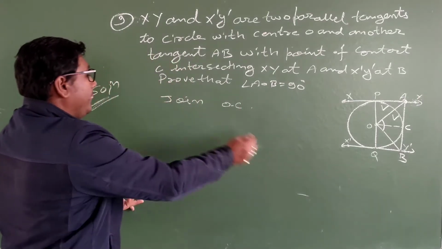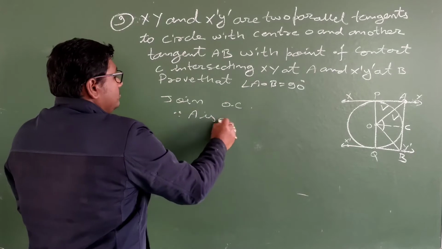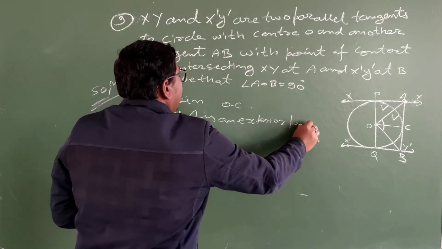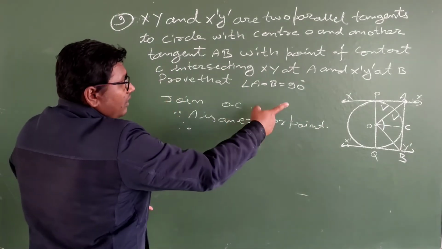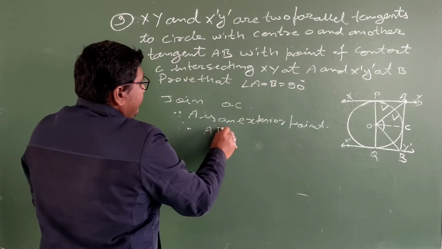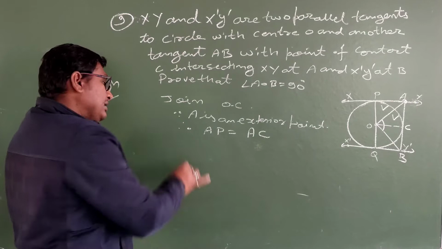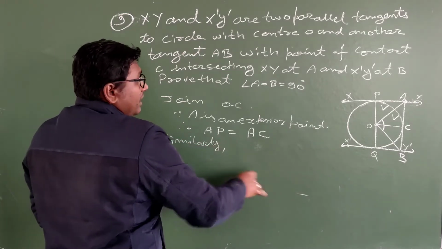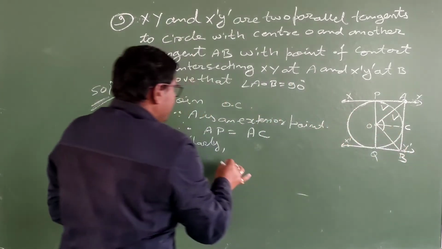From this property, this will be equal. I am going to write this here. Since A is an exterior point, therefore AP will be equal to AC. Similarly, if B is an exterior point, then BQ will be equal to BC.